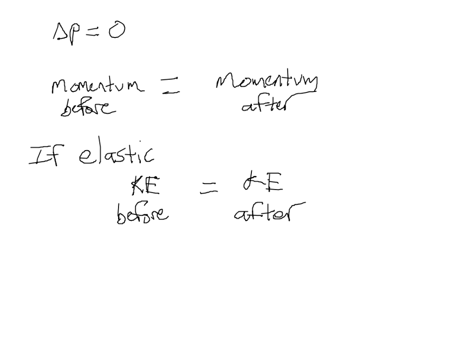Once you have written down those two equations, it's an algebra problem. And there could be any combination of unknowns. You might have a mass unknown or a speed unknown, but whatever your unknowns are, once you've written down these two equations, it's algebra. All right, well, that is enough to get you started working on some of these collision problems.